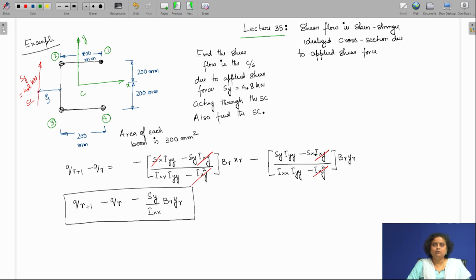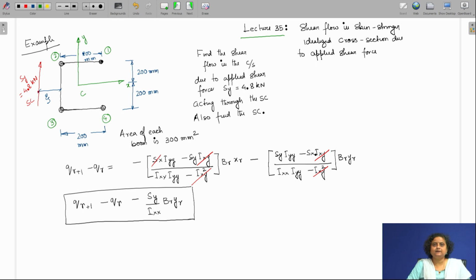There are 4 booms of equal area 300 millimeter square at the 4 corners, which are 1, 2, 3 and 4. A shear force Sy, which is 4.8 kilonewton, is applied in the y direction through the shear center. So, we have to find out the shear flow in the cross section and the shear center of the cross section.